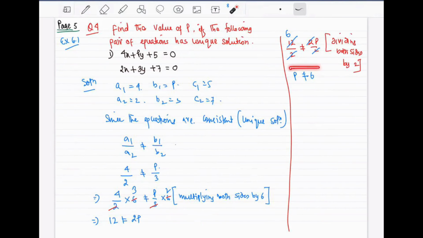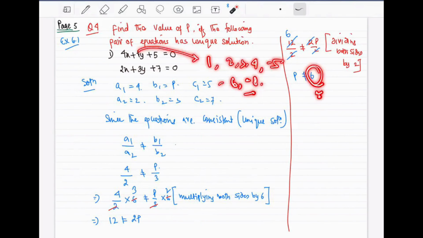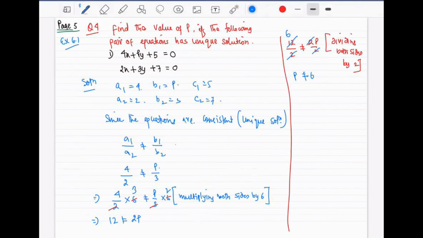Same thing here, p does not equal to 6 means p can take any value. The value of p here, you can put any value, 1, 2, 3, 4, minus 5, minus 6, minus 8. Think of any value that you want, but you cannot take the value of p as 6. All right, so that's what it is saying.